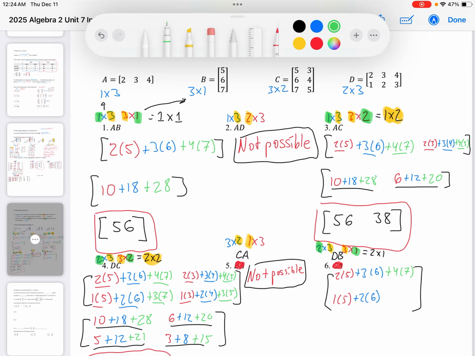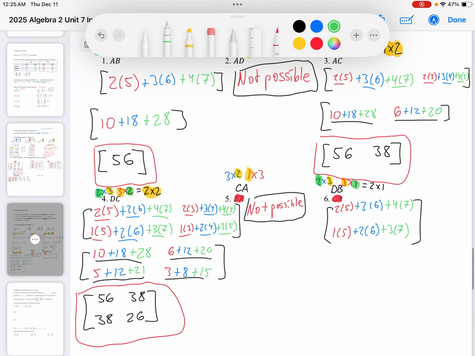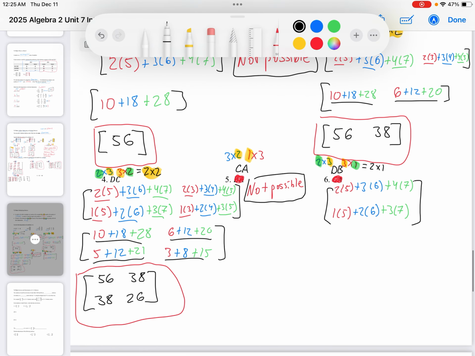And then finally, the last number for matrix D times that last number for matrix B, 3 times 7. Okay, so now we've got our multiplication that we can do.